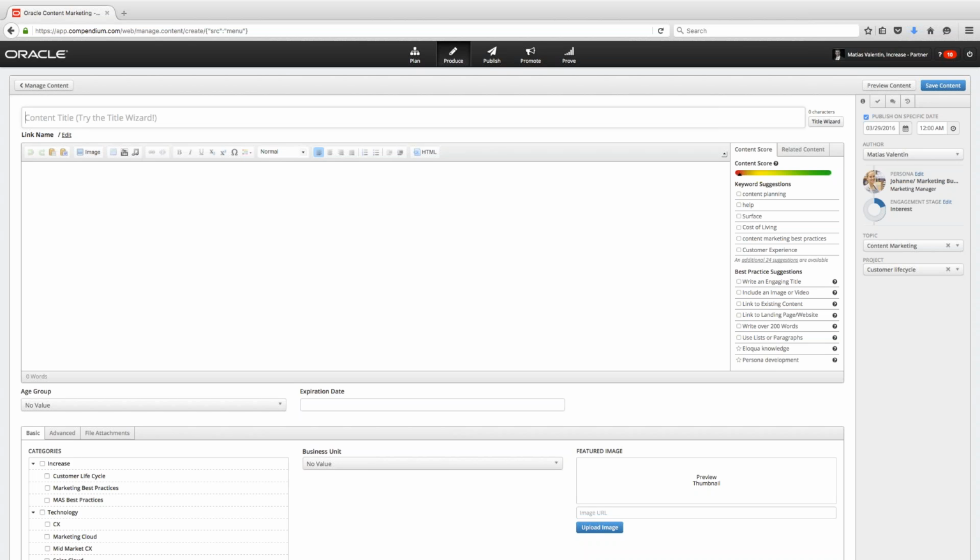So it's not just a general SEO-SEM, but it's actually based on the previous efforts that you have put into play here. We also have some best practice suggestions to include image or video, link to landing page, and stuff like that, which also will help your content score rise.